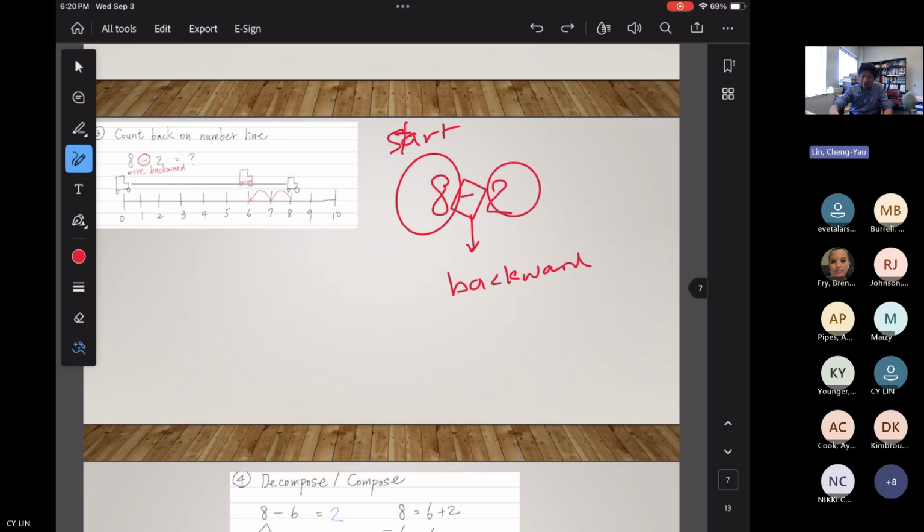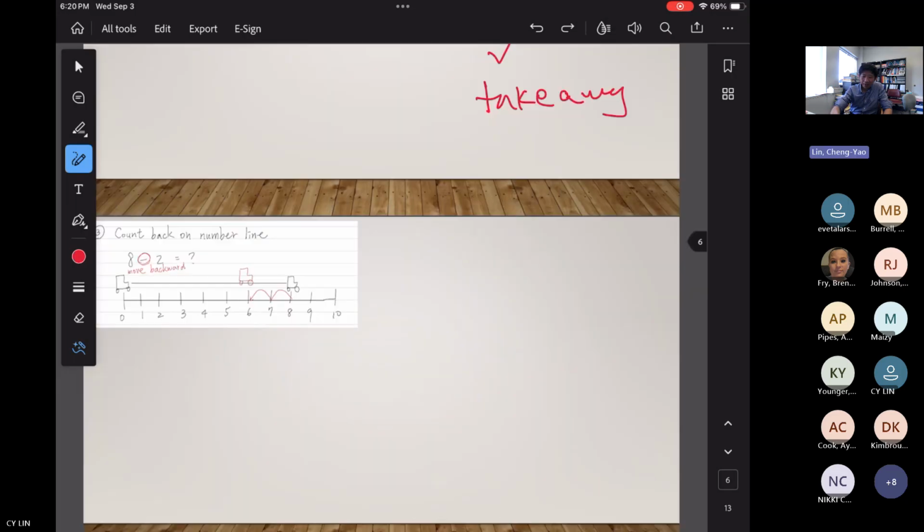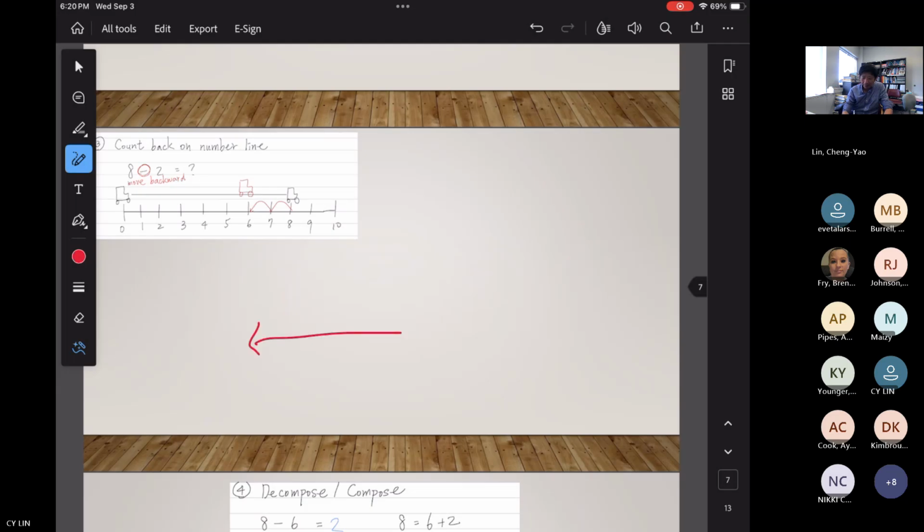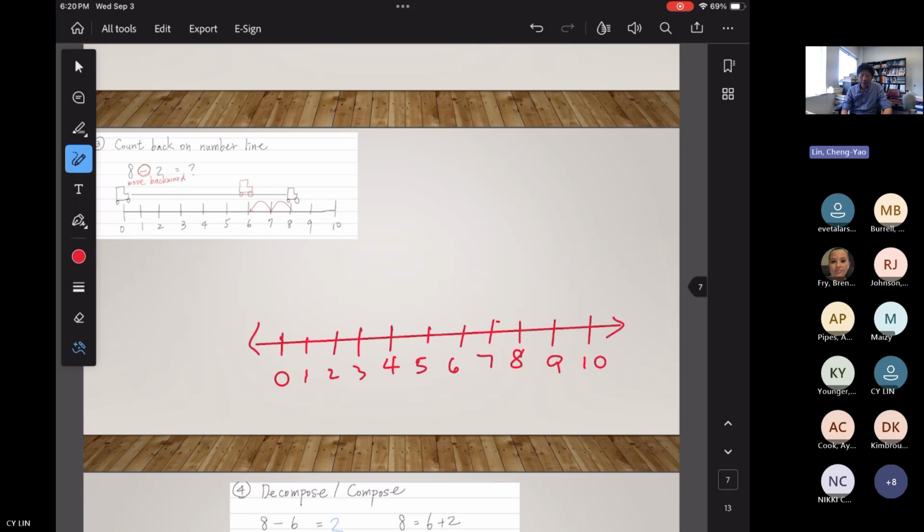Okay. So I want to do a number line here. 2, 3, 4, 5, 6, 7, okay, starting. 8 minus 2, 8 is starting. So everything starts from here. We have 8. That means 8. Are you with me?